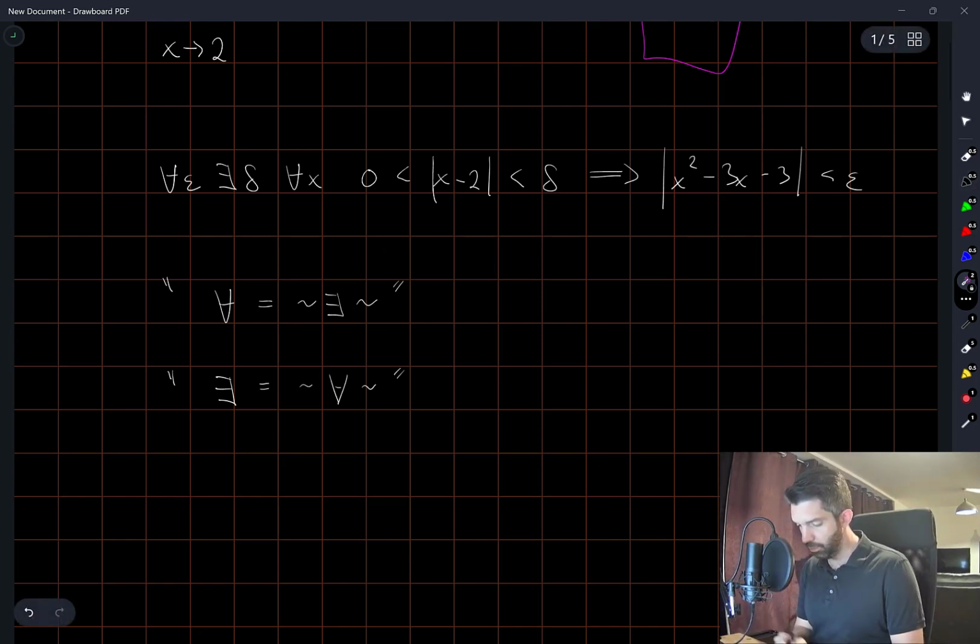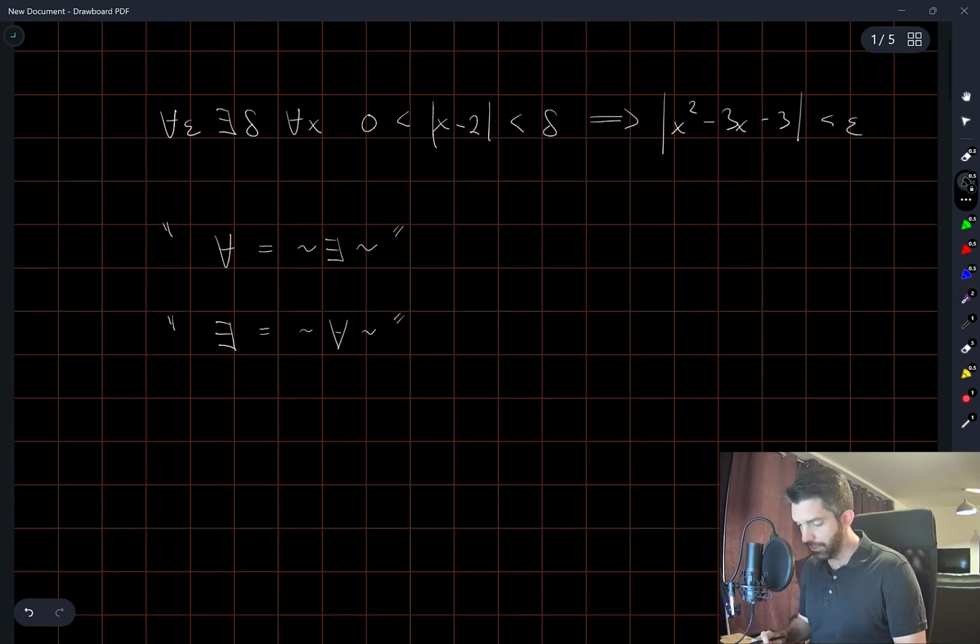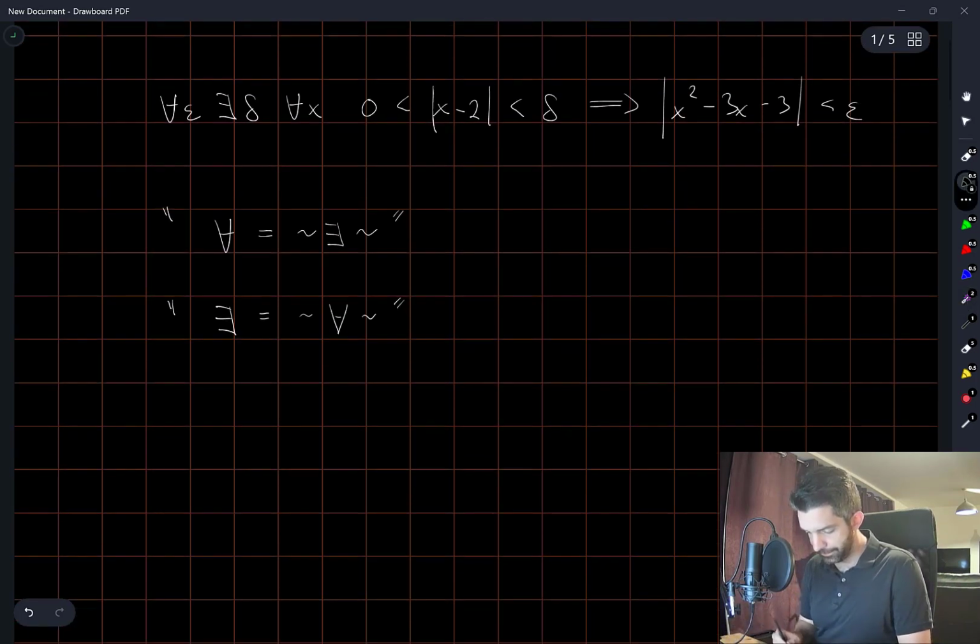And so when I negate this entire thing, this is going to flip to an existence, but then it'll produce another negation, which will move on to the next part of the symbol, and then we'll have a negation of the existence, which turns into for all, and so on. So the thing that I actually want to prove here is the following.